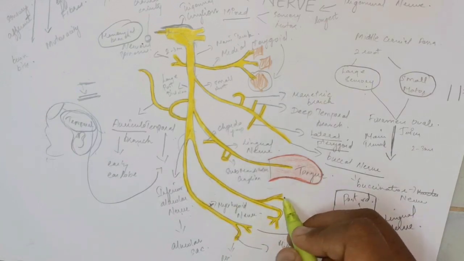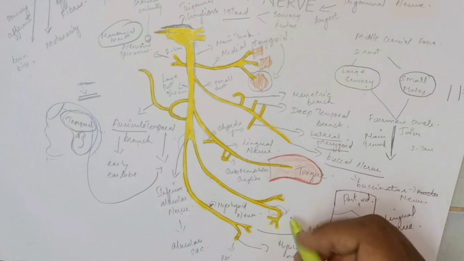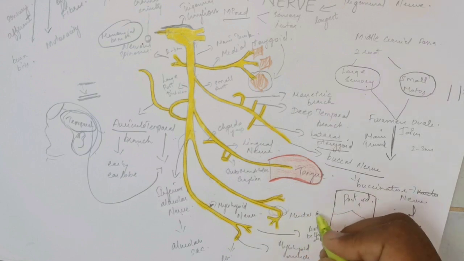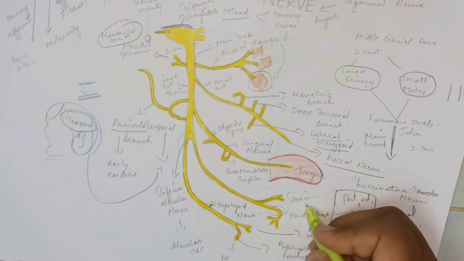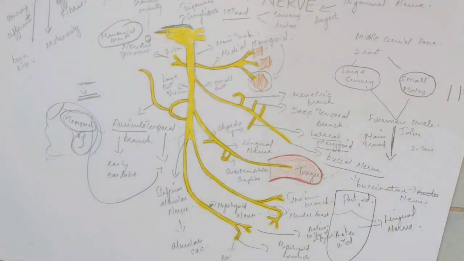And the other branch supplies the mental region, that is the mental branch, and the incisive branch, which supplies the lower incisors.